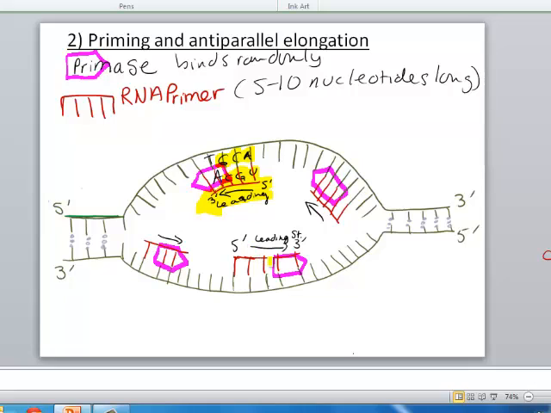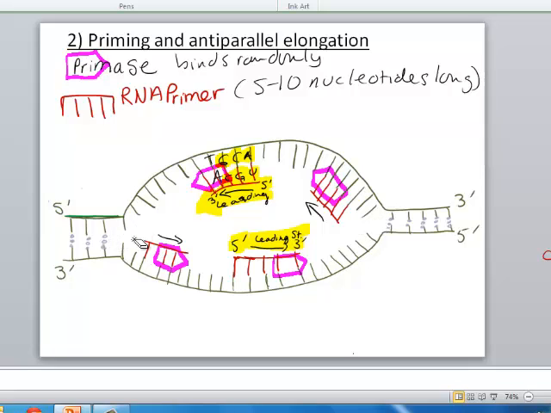That means the new strand on the bottom would have to be going in the opposite direction, anti-parallel, 5' to 3' again. We call this the leading strand because it's going to be chasing the replication fork as the replication fork continues to move forward as the helicase continues to break the hydrogen bonds and expand. But I'm going to erase those because they will just make our image too complicated.